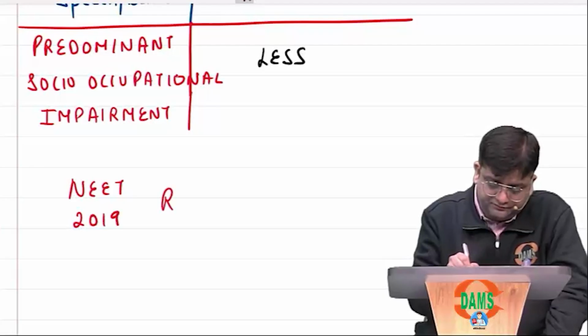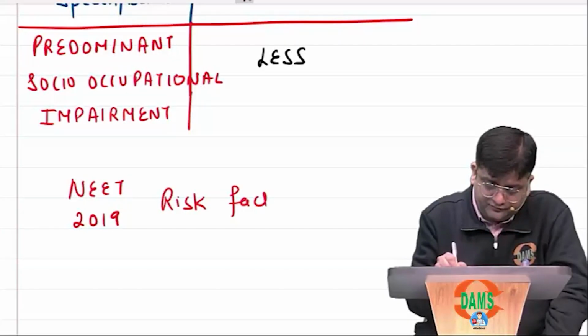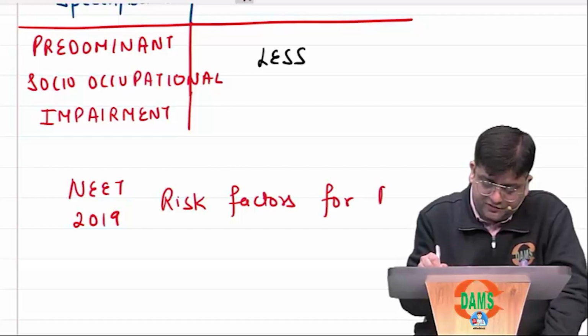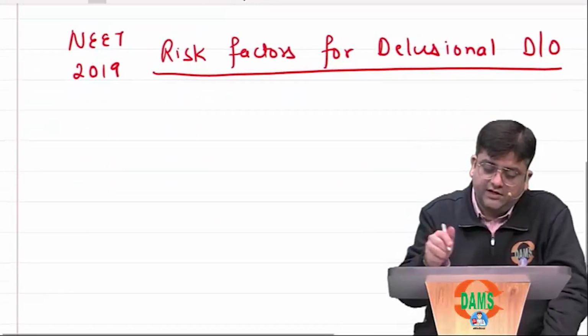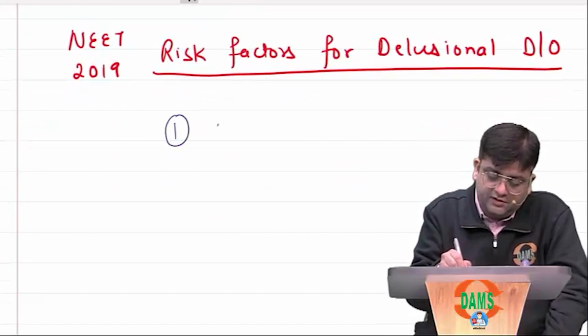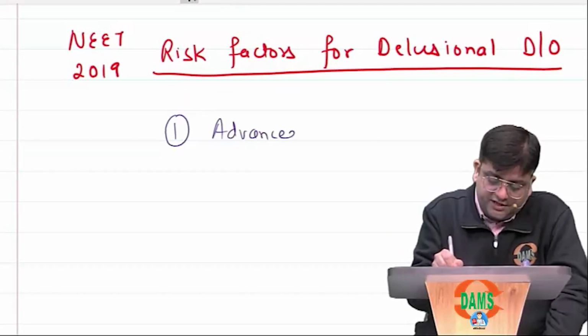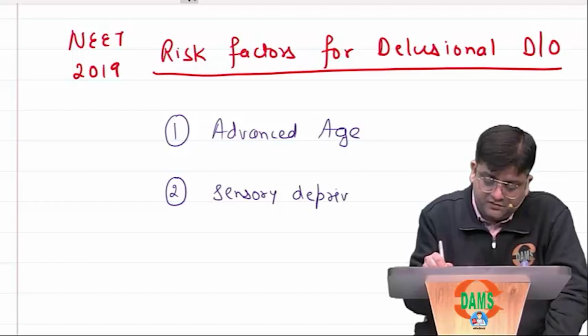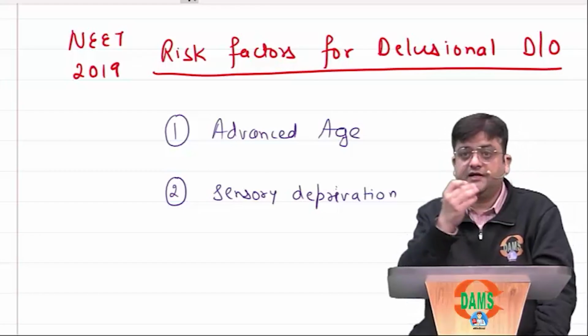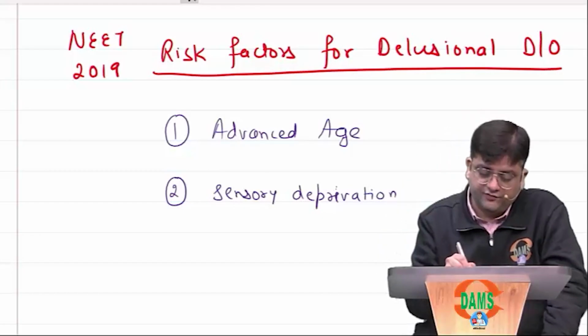In NEET 2019, we got a question: risk factors for delusional disorder. Delusional disorder is more seen in people of advanced age. Elderly are more at risk. Sensory deprivation, meaning poor eyesight or poor hearing, puts you more at risk.